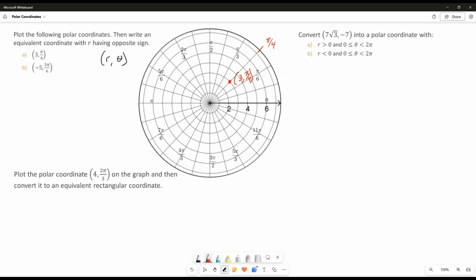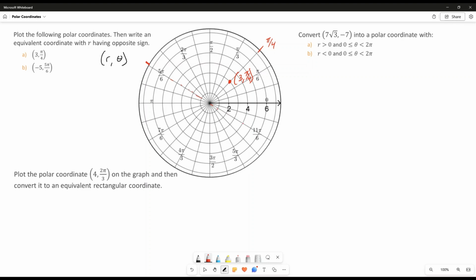So to plot the point negative 5 comma 5 pi over 6, we want to first find the 5 pi over 6 angle. So 5 pi over 6 is over here in the second quadrant. And then instead of plotting the point in that direction, we actually want to go diagonally in the opposite direction. And it will be on the fifth circle outwards.